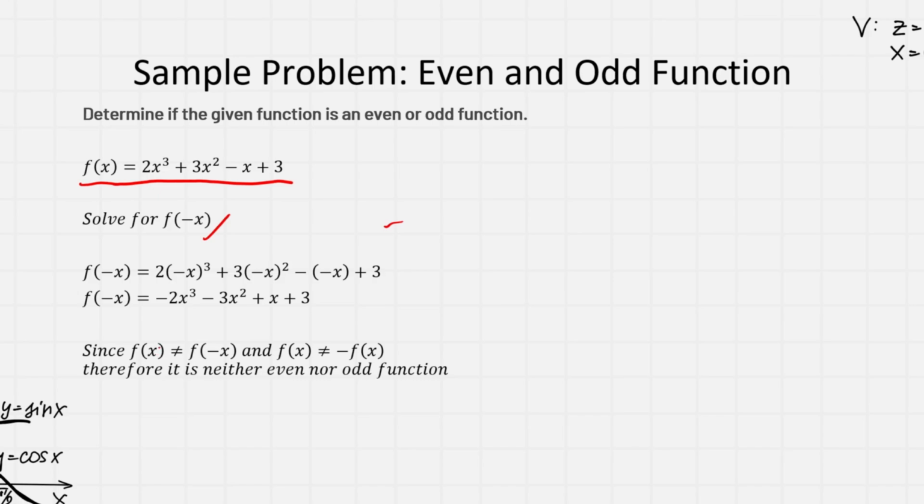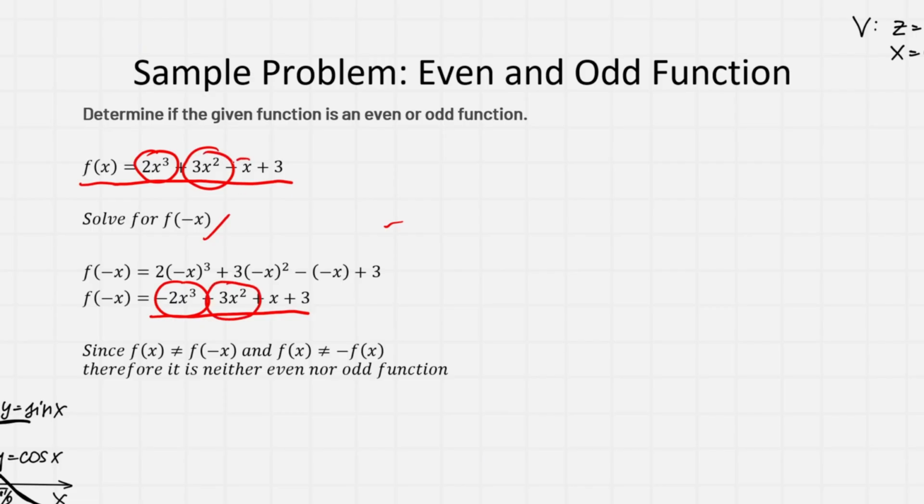As you can see here, okay, it is not similar with our original f of x. Right? Also, the signs: in the original we have positive here, and then we have negative. We have positive here, we have negative.